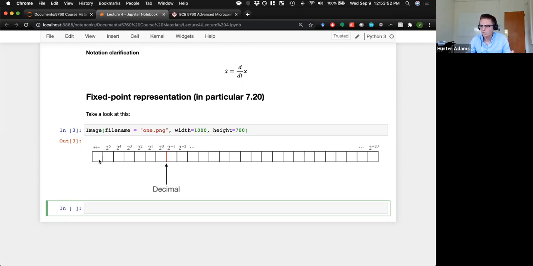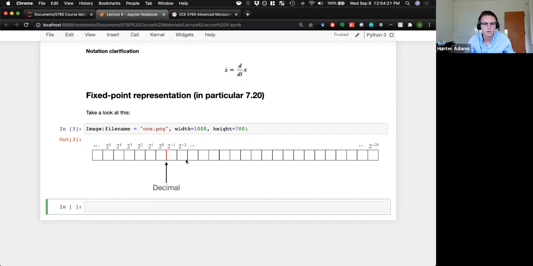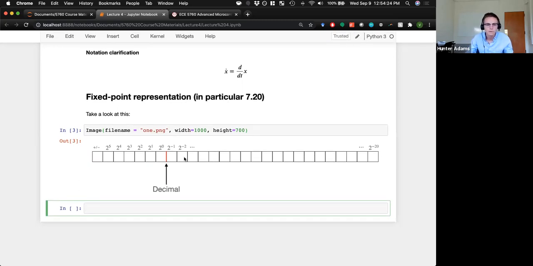So this gives us a range of plus or minus 63, and then a delta of approximately 10 to the minus 6. I'm going to talk about how to multiply these things in a moment.